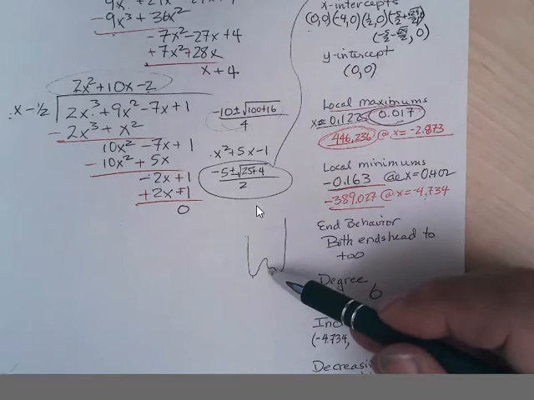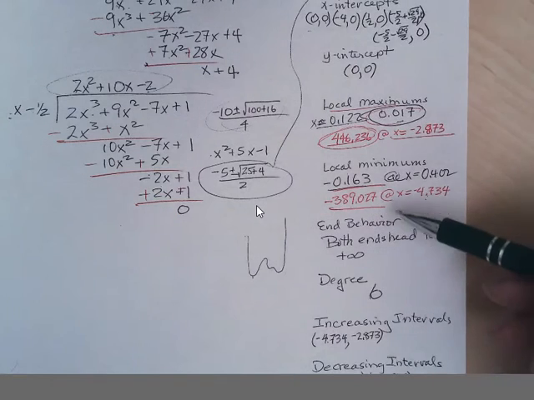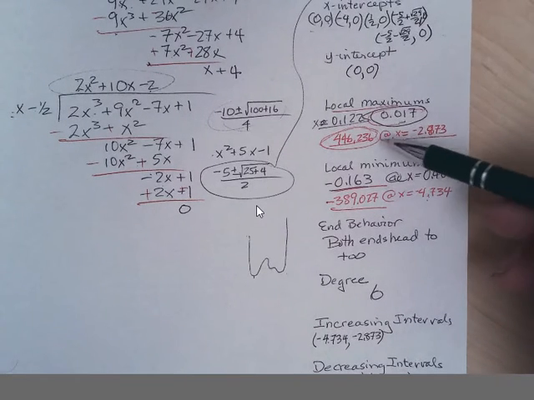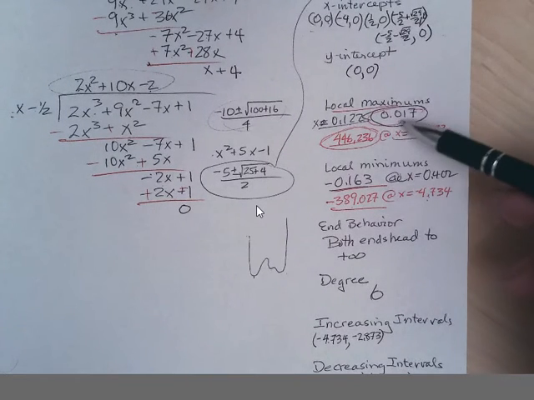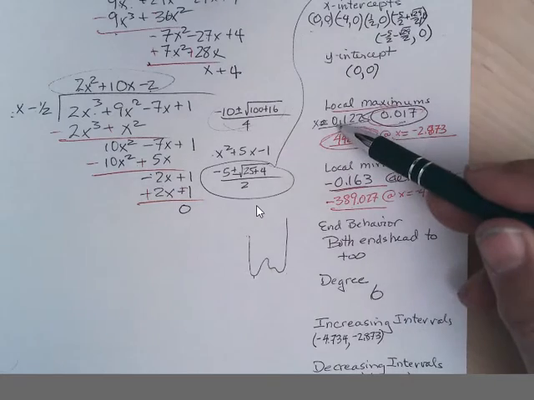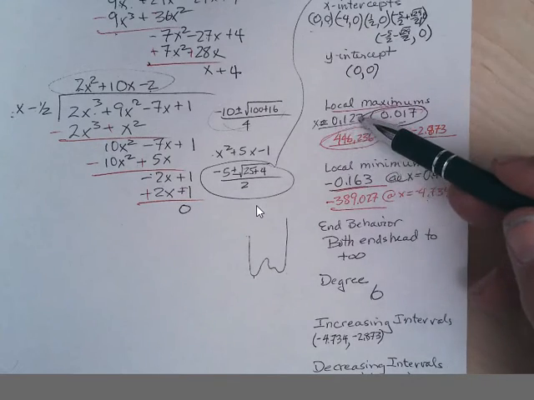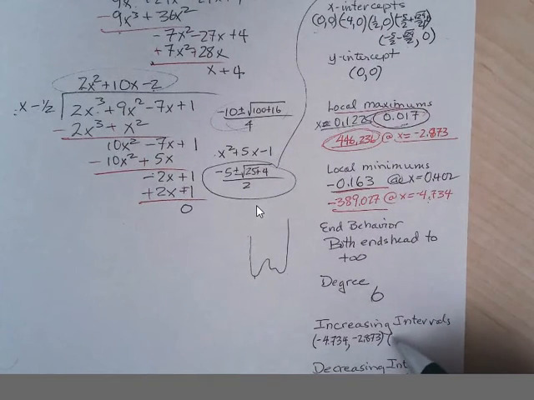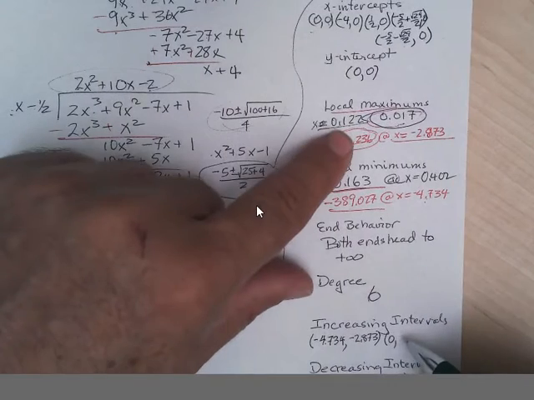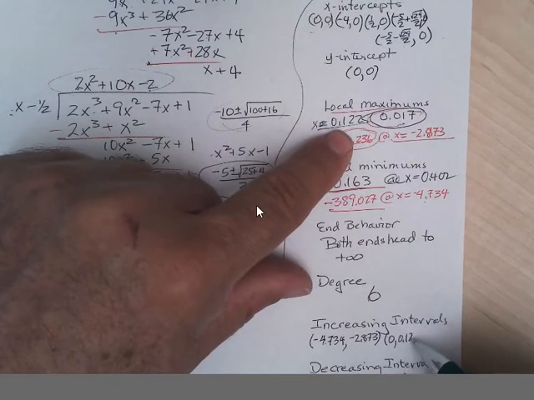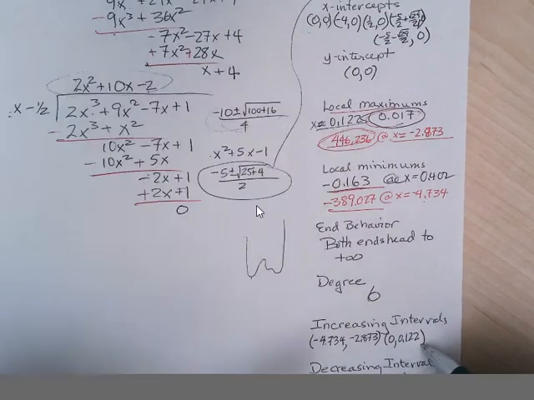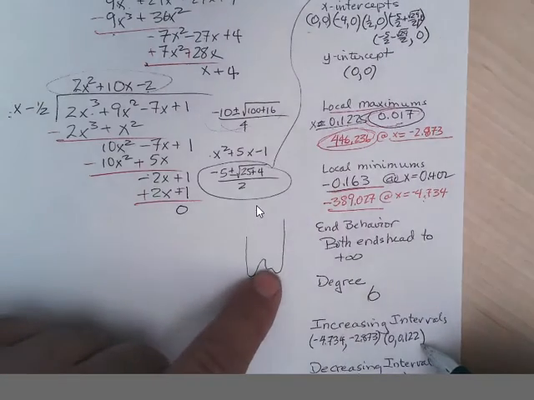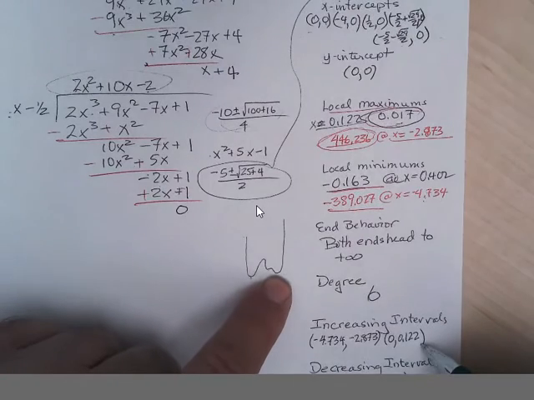Then it increased after 0 for a short time to that local maximum, which was at 0.122. So it's increasing from 0 to 0.122. Got to that little high spot, and then it went down to that low spot there.